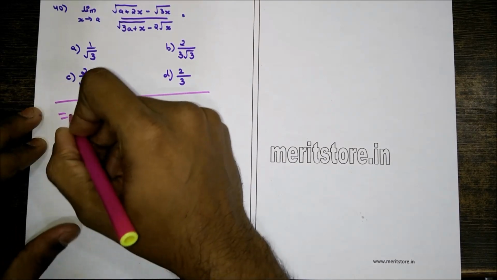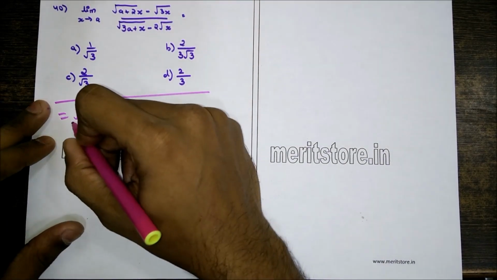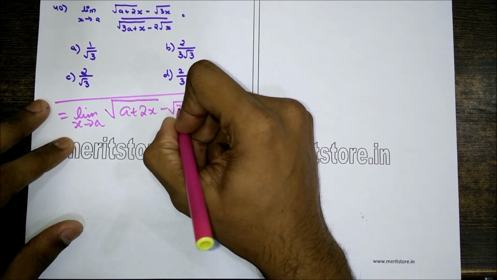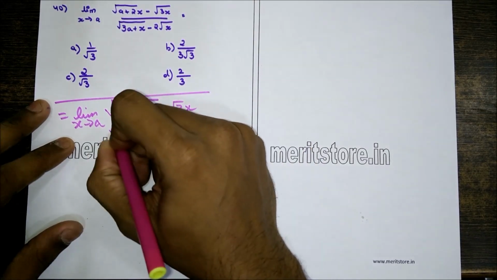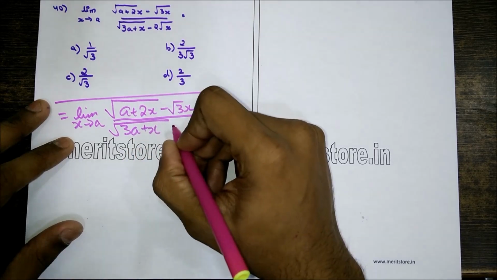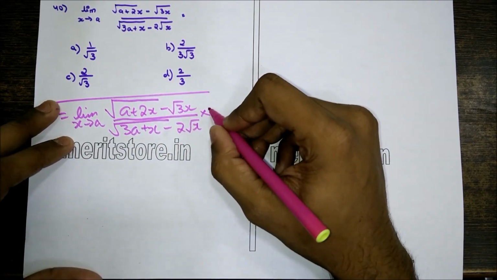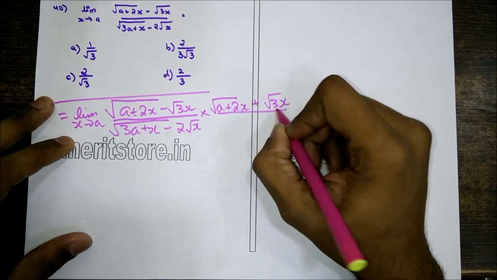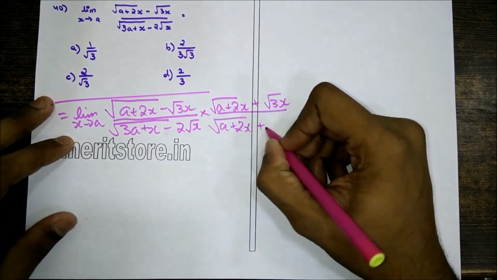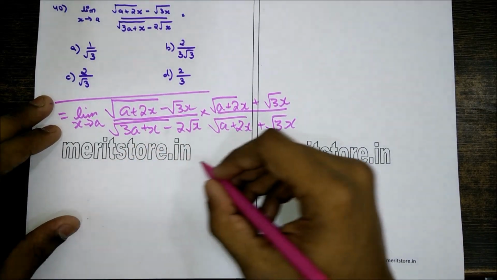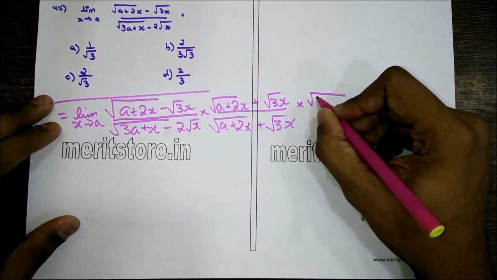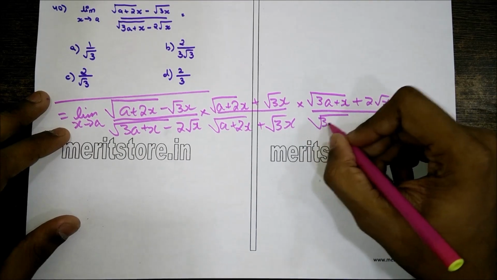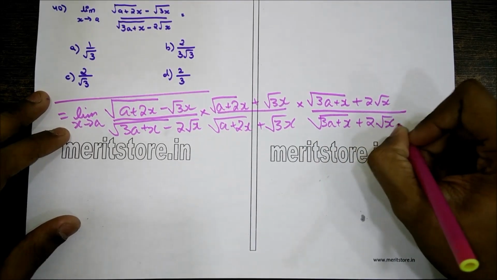So first we could write it as limit of x tends to a of that expression, and multiply and divide by the conjugate, root of (a plus 2x) plus root 3x upon root of (a plus 2x) plus root 3x, into again a conjugate, root of (3a plus x) plus 2 root x upon root of (3a plus x) plus 2 root x.